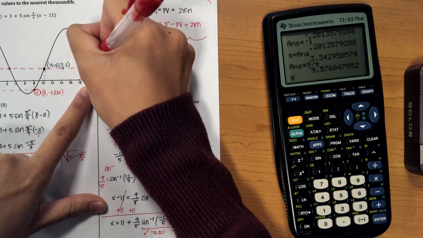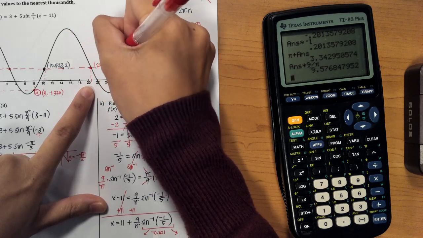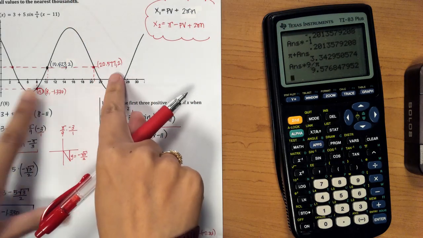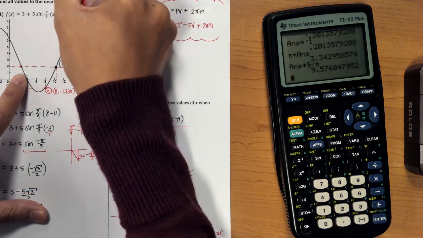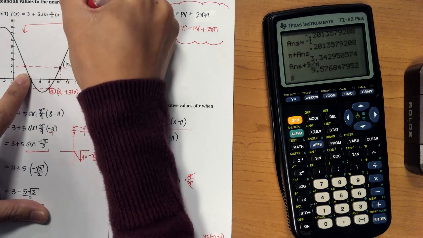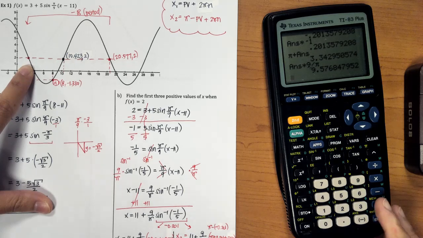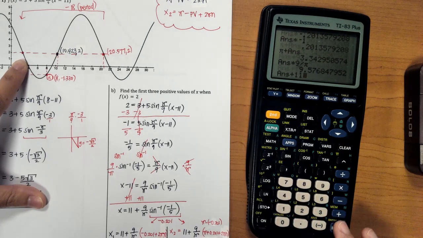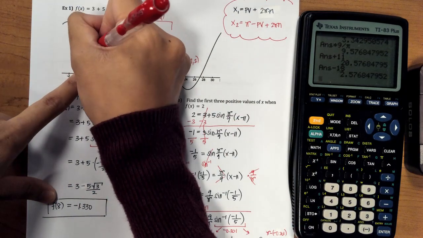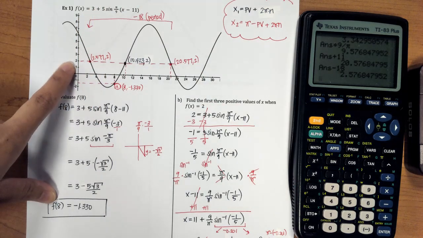So that's 20.577, comma 2. And how do I go backwards from there? Well, 1 period is equal to 18. So I'm going to minus 18 because that's my period. So I had to add 11, sorry. Minus 18 is 2.577, comma 2.